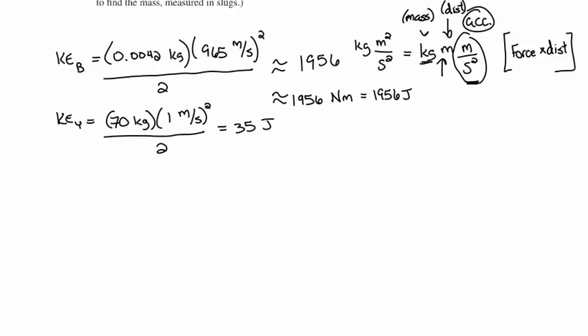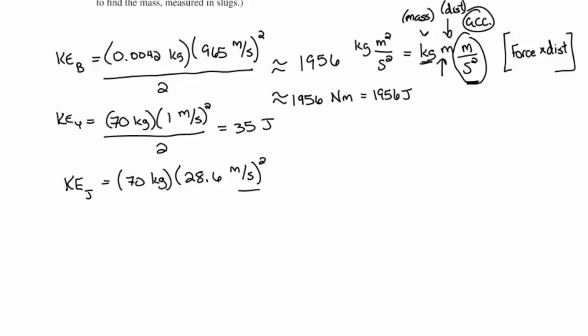Now, if you take, for example, the kinetic energy of a jaguar that might be moving quickly, well, let's assume that jaguar has the same mass. This time, it's running at its maximum speed of 64 miles per hour, which is roughly 28.6 meters per second.